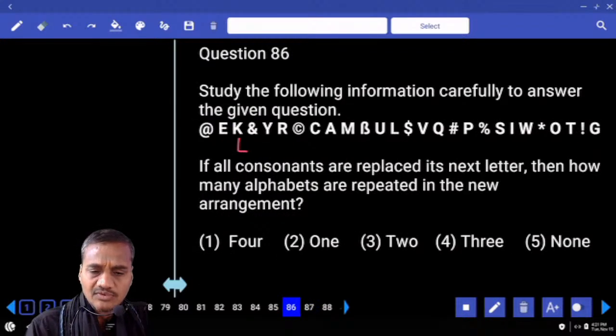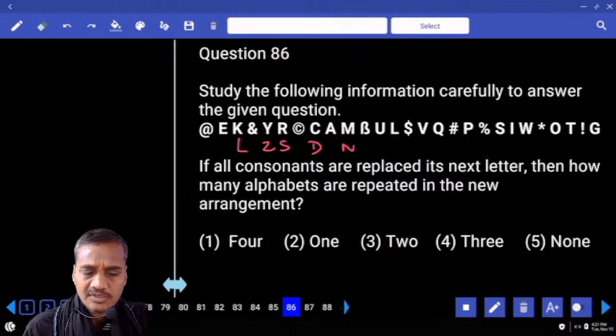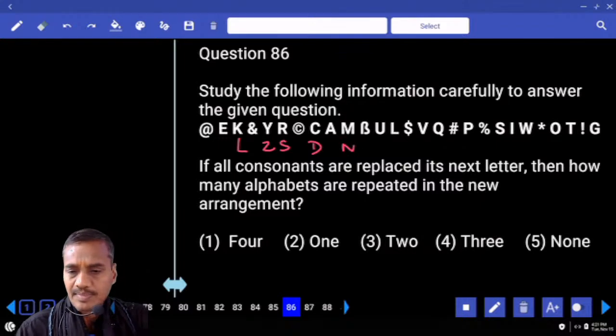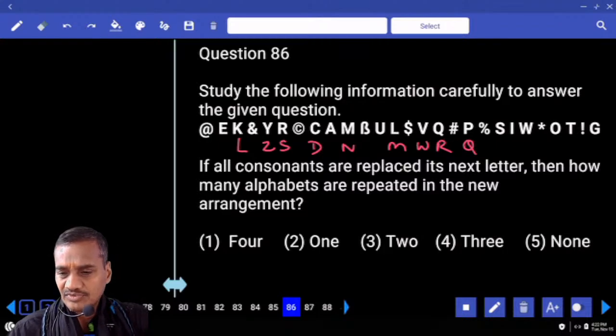K is L, Y is Z, and R, S, C, D, M, N, and next one. Now this is a vowel, right? And L, M, and U, V, W, Q, R, and P, Q, and S, and next one, S, T, W, X, and T, U, G, H.